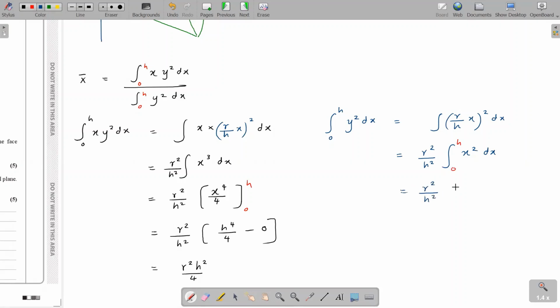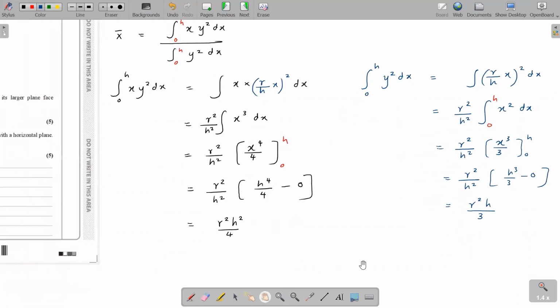So r square over h square, this is x cube over 3, and your limits are from 0 to h. So when you substitute, it's h cube over 3 minus 0. So when you simplify, it's r square h divided by 3. Okay, so time to substitute these values into the equation and get the x bar.